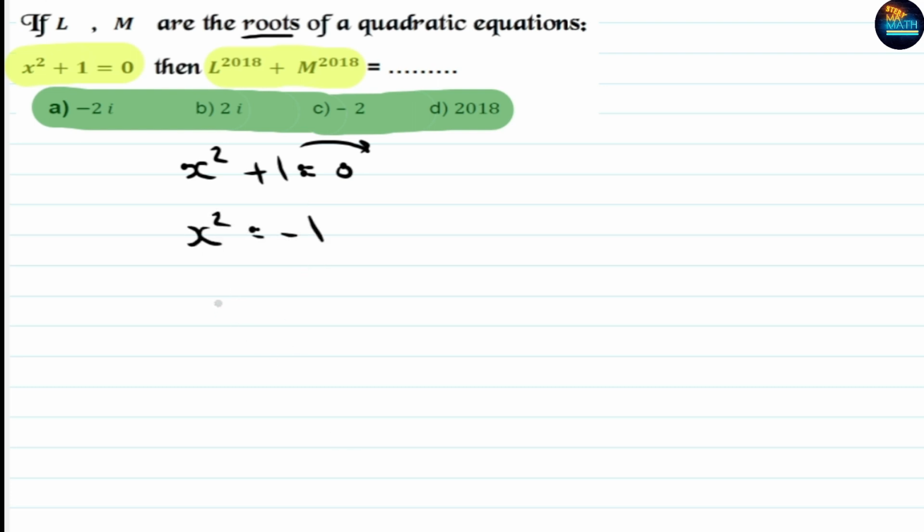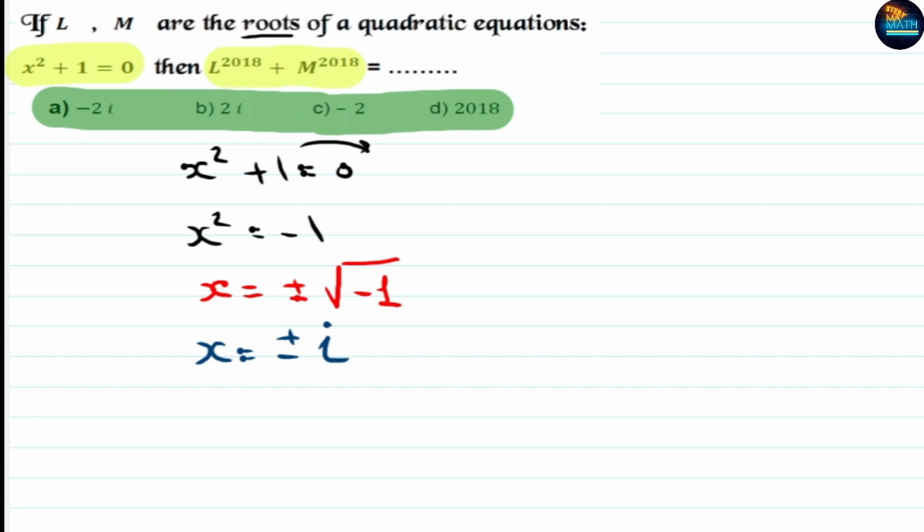Now, to get rid of the power of 2, take the square root of each side, so x is equal to positive or negative the square root of negative 1. Just remember, you have a negative underneath the square root. That means i. So the square root of 1 is 1, and you have a negative, so it's positive or negative 1i. There is no need to write down 1, so it's just positive or negative i.